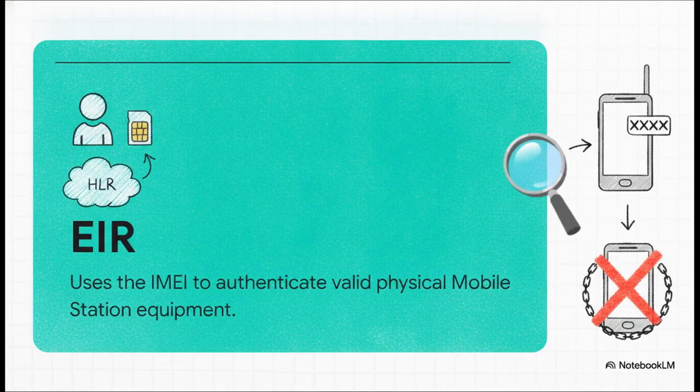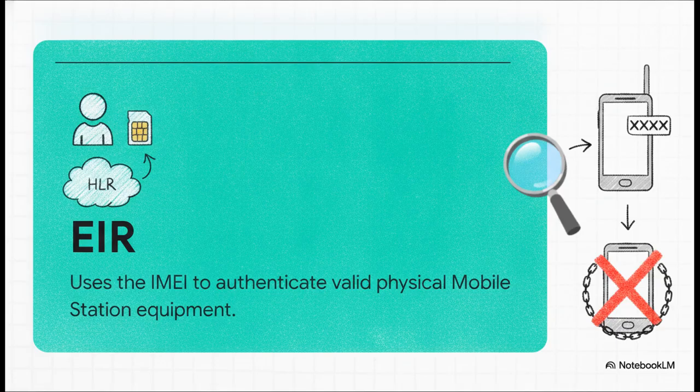Now, what's really fascinating about this setup is how GSM fundamentally separates you, the user, from your physical equipment. Think about it. Your SIM card and your HLR profile authenticate you as a subscriber. But what about the phone itself? Well, that's exactly where the Equipment Identification Register, or EIR, comes into play. Because the subscriber and the hardware are treated separately, GSM requires a distinct, separate authentication process for the mobile station equipment itself.